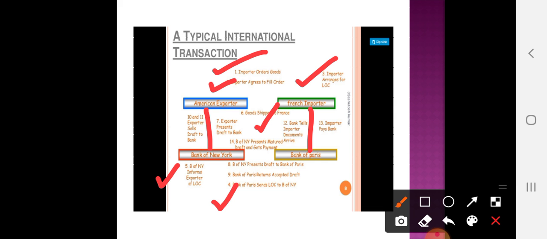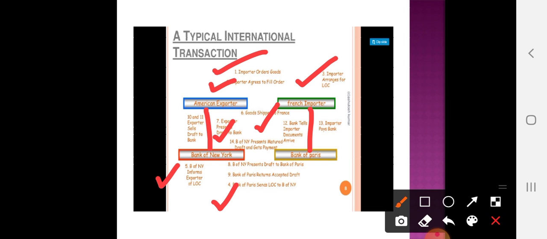The seventh step is that the exporter presents a draft to the bank. The exporter is America. They will prepare a draft, which, as I have told you, mentions a date and the amount of the transaction that has been done. It notifies the importer to please pay our amount on a specified date.